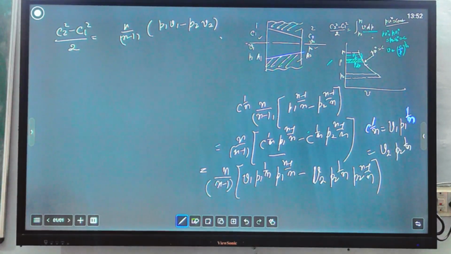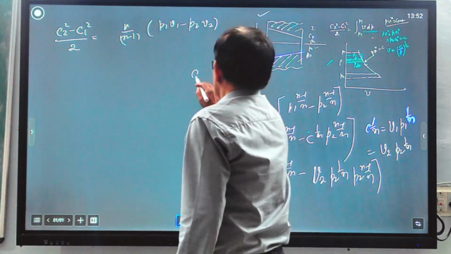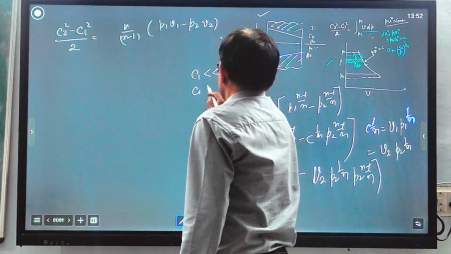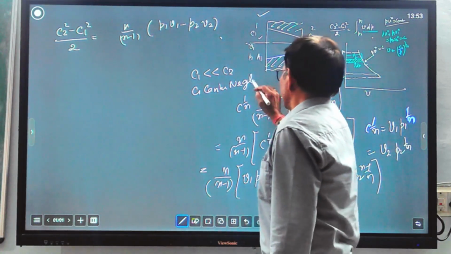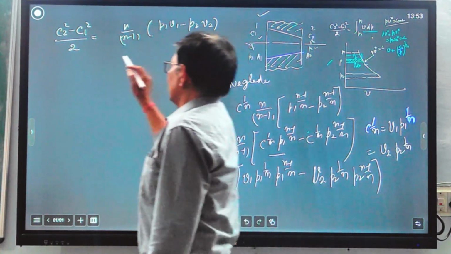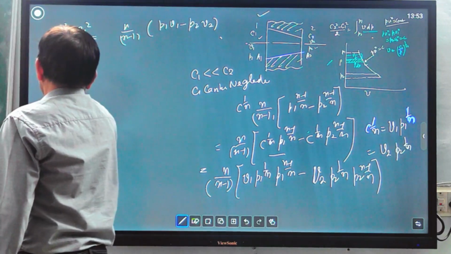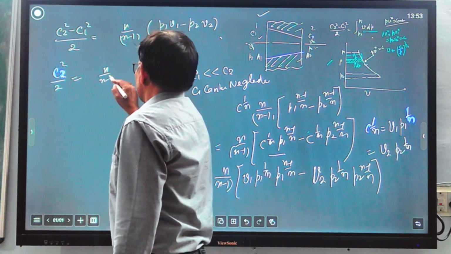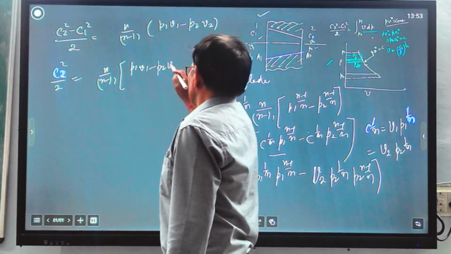Most of the time you see that the inlet velocity C1 is very small compared to C2, so C1 can be neglected. So it is simplified again: C2 square by 2 equal to n upon n minus 1 in bracket p1 v1 minus p2 v2.